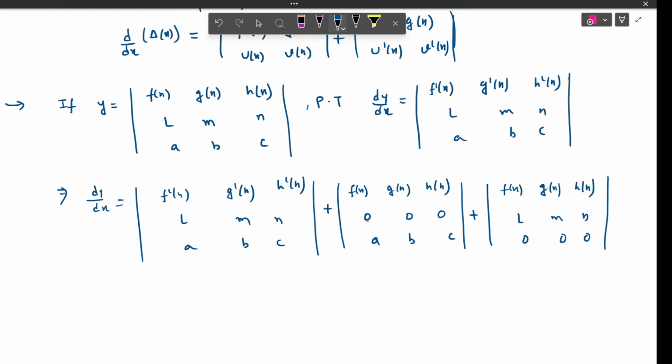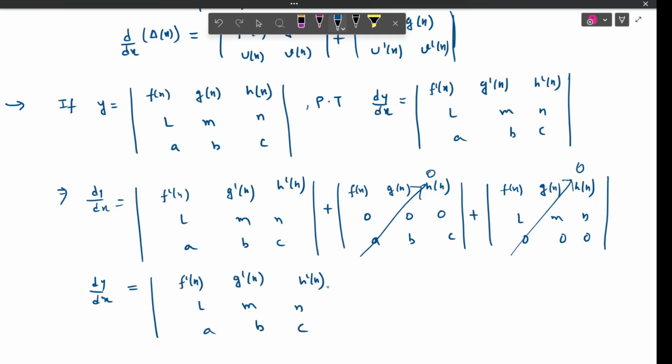We know if in any determinant one row or one column is 0, then the whole determinant is 0. That means these two come out to be 0. So our answer is dy by dx equals the determinant with rows f dash x, g dash x, h dash x; L, M, N; A, B, C. That's all we had to prove.